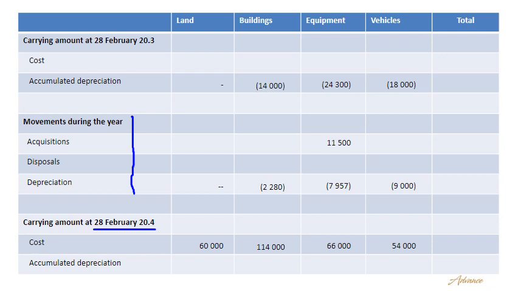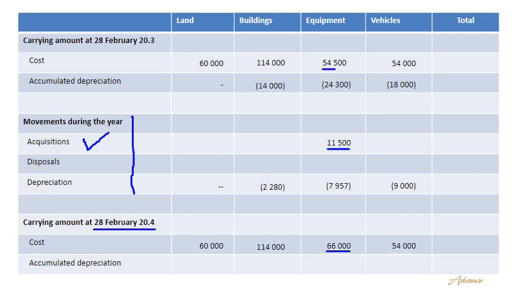Now it's a matter of adding or deducting to get to the missing values. If the cost at the end was not influenced by an acquisition, it will also have been the cost at the start. So for buildings and for land and for vehicles, can you see the costs remained unchanged? But for equipment, I had a closing balance of 66. I added 11,500.